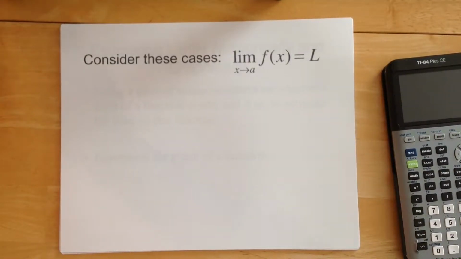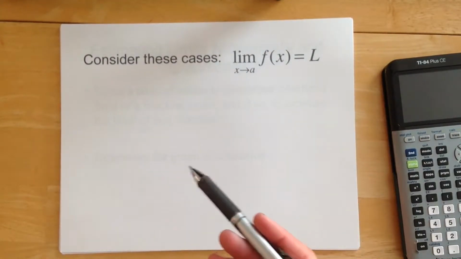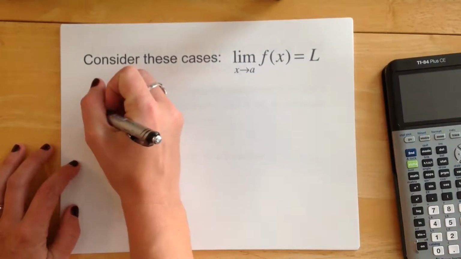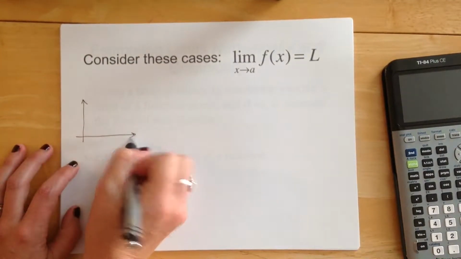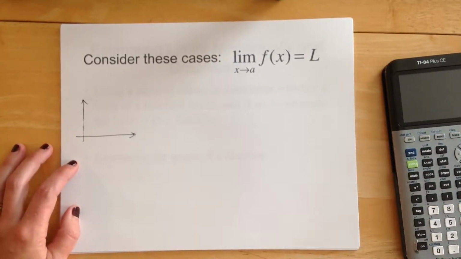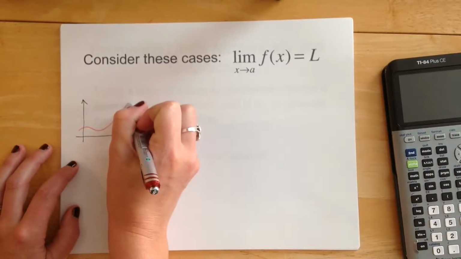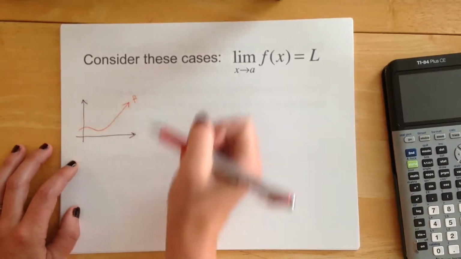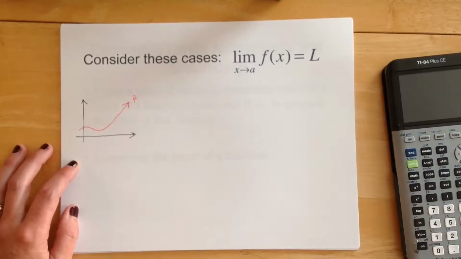And again, a is just a number. So we're going to consider these 3 cases where the limit exists, where this is a true statement. Our first case, let me draw my graph. If we have some general function, I'm going to name that function f, the function that's having the limit taken.